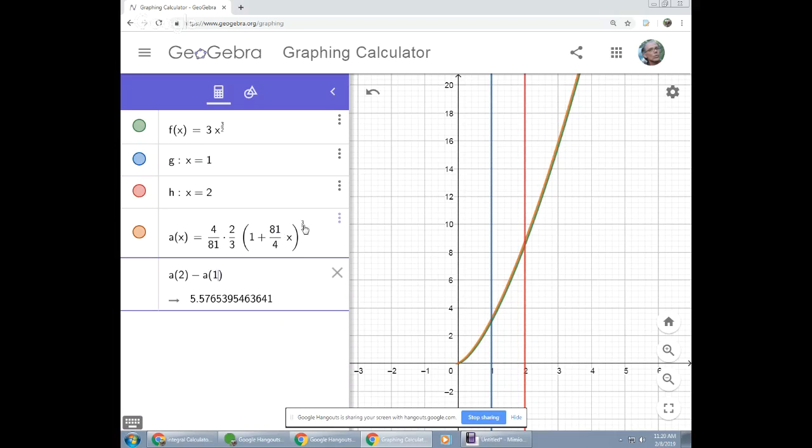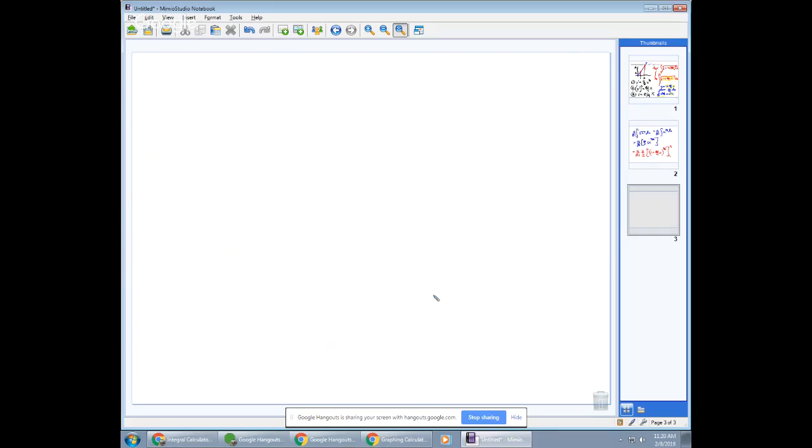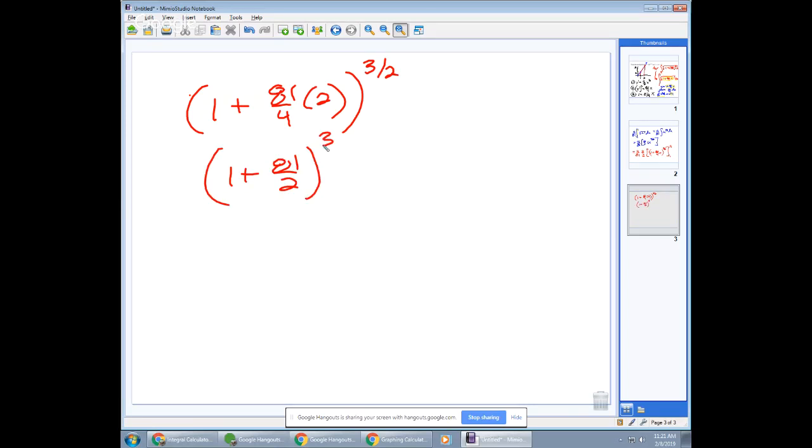Yeah, and I was thinking if we take the 3/2 power of 81 fourths, that's kind of nice because the half power means take the square root of 81, which is 9. But we're adding the 1 to it, which messes stuff up. I'm actually curious about that. I'm going to try a little algebra on that just for fun here. So I have 1 plus 81 over 4 times 2, raised to the power of 3/2, which gives me 1 plus 81 halves. 1 would be 2 halves, so that gives me 83 halves to the power of 3/2.